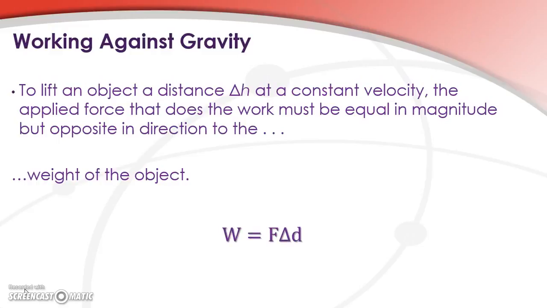Now remember that work is equal to force applied across a distance. Well, we can substitute in for that force then with the mass times gravitational acceleration, or g. And instead of the delta d, we can put the height in.